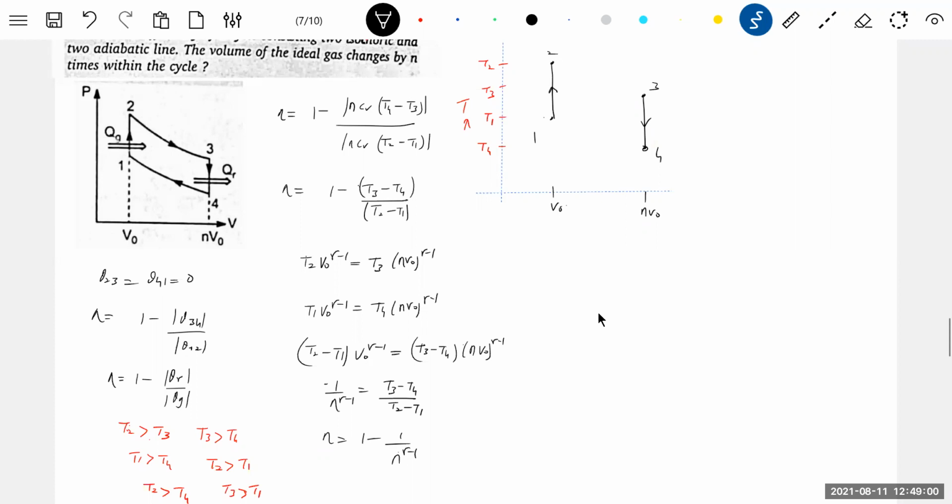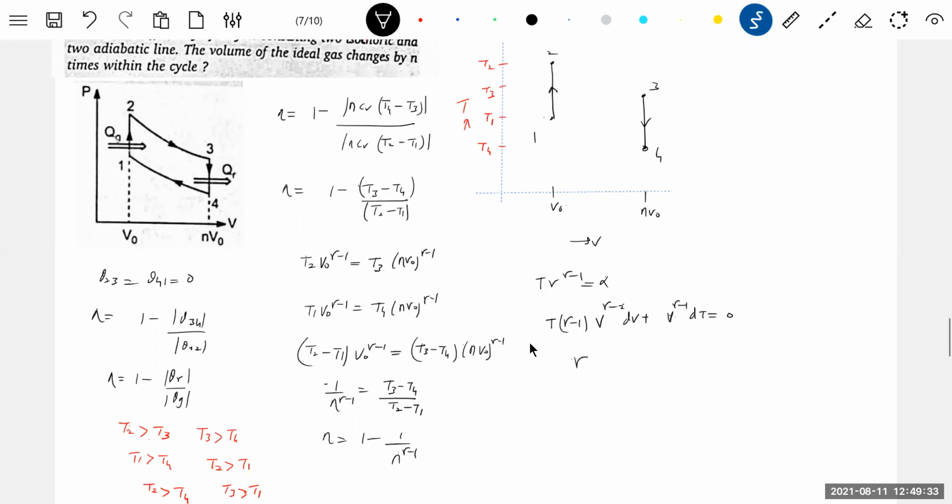What to do with 2, 3 and 4, 1? Adiabatic process, temperature versus volume graph. T V gamma minus 1 constant, say alpha. So if I differentiate this, T (gamma minus 1) V gamma minus 2 dV plus V gamma minus 1 dT equal to 0. dT by dV is what is needed for us.